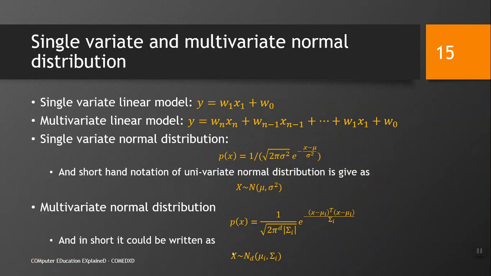In a short way we can represent this formula in short notation like this: X, the data set, belongs to a normally distributed d-dimensional data set that has a set of means, a group of means, and a matrix of variances or covariances.